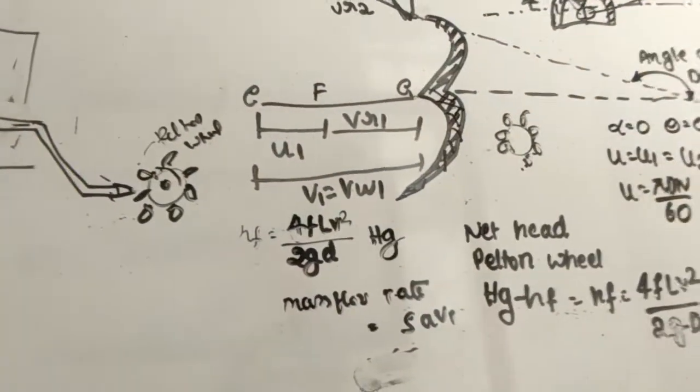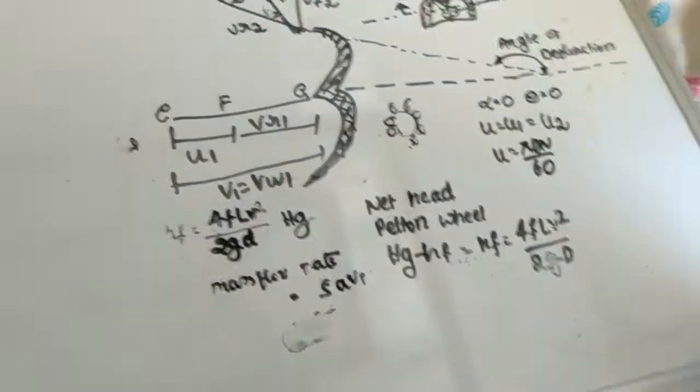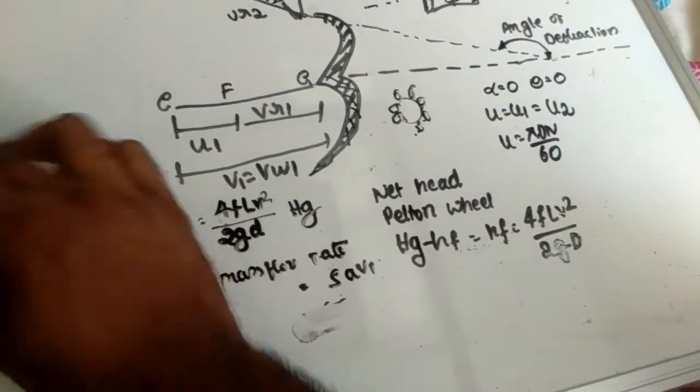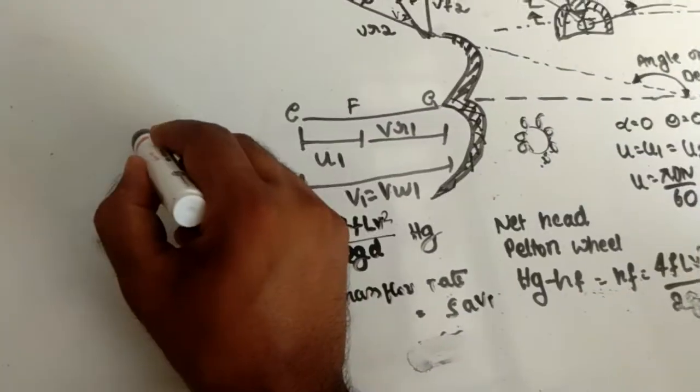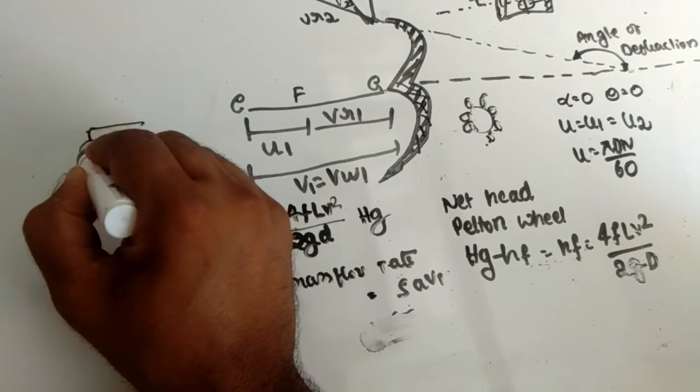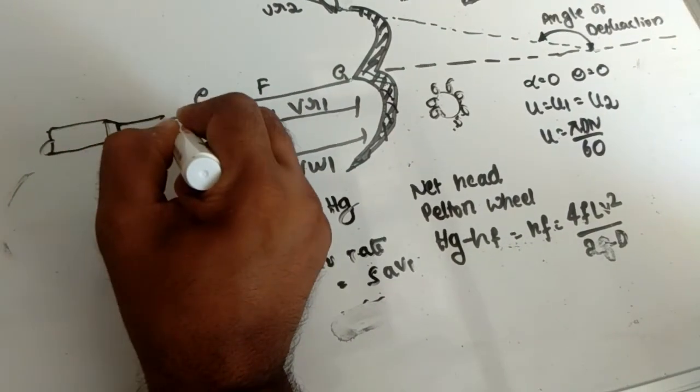If I am doing that for one jet, I am drawing here for understanding purposes. I will draw one jet here. This is the jet.